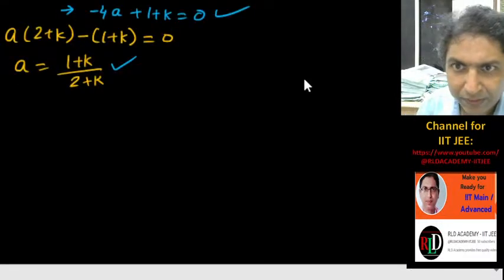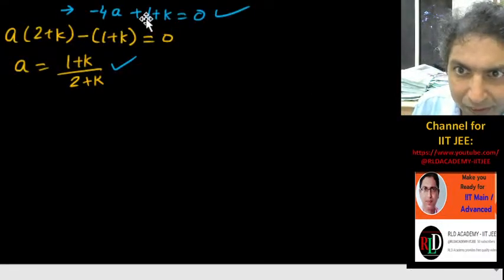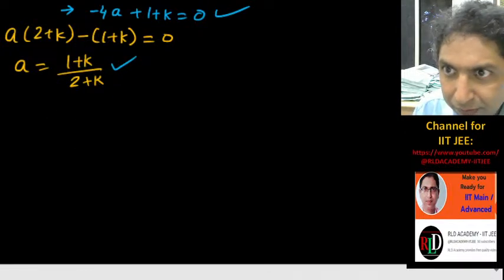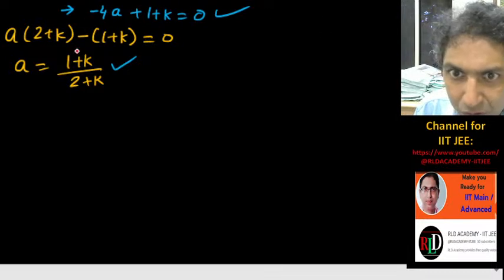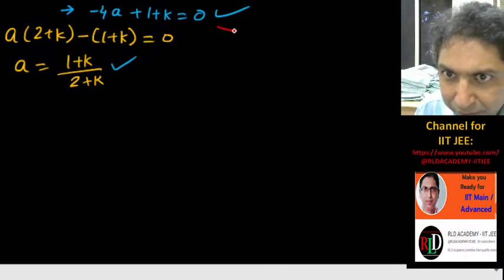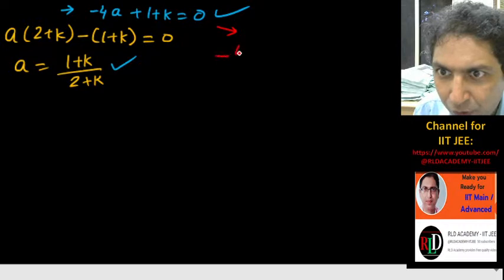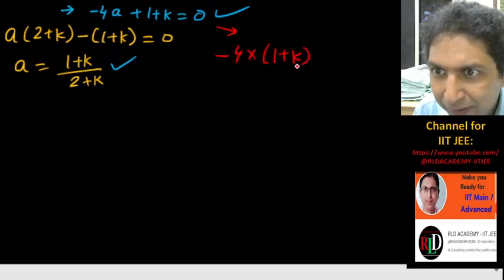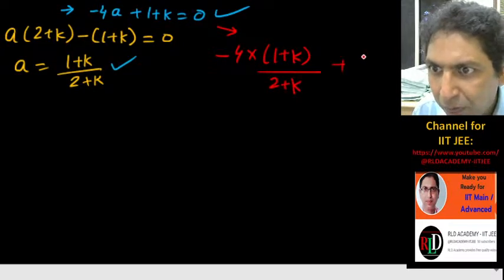Okay, so from these two equations, we need to solve it. How to solve it? So I can replace from here. So minus 4 a can replace 1 plus k upon 2 plus k, plus 1 plus k equals to 0.